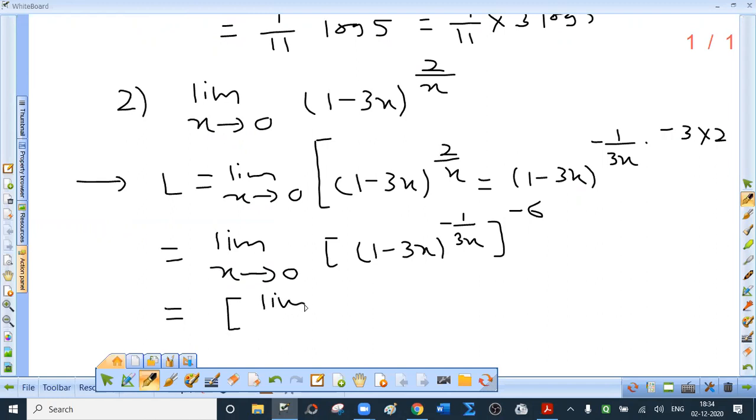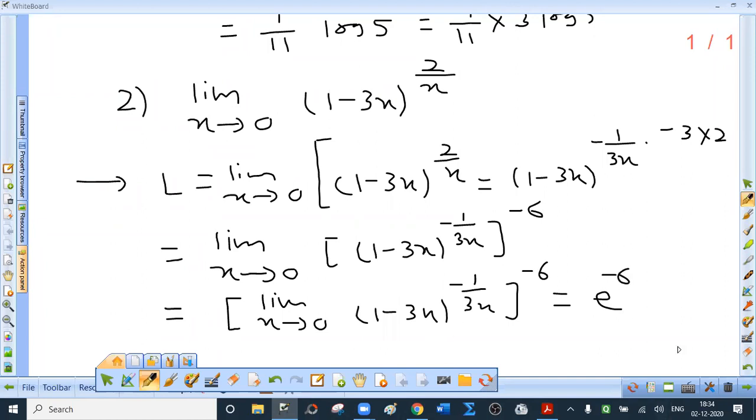So this is limit x tends to 0, (1 minus 3x) raised to minus 1 upon 3x, raised to minus 6. Now I will say this is e raised to minus 6. Why is the value of limit e? Because as x tends to 0, minus 3x also tends to 0, and limit y tends to 0, (1 plus y) raised to 1 upon y is nothing but e.